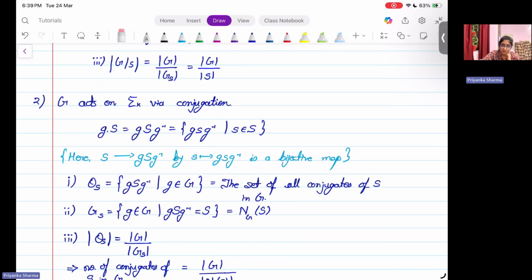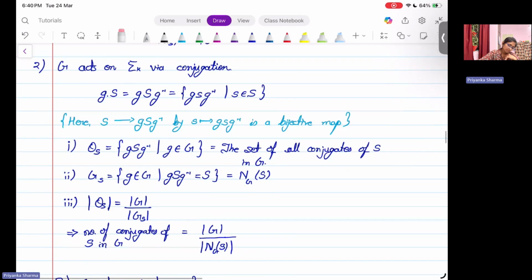So this time G dot S is defined by this conjugation, which is G S G inverse, which is obviously the set of these type of elements, G S G inverse, where this S is coming from S. So again, we can see that the map which maps S onto G S G inverse is a bijection. So for this group action, we can again define the orbit stabilizer and the orbit decomposition theorem. And let's check what that will give.